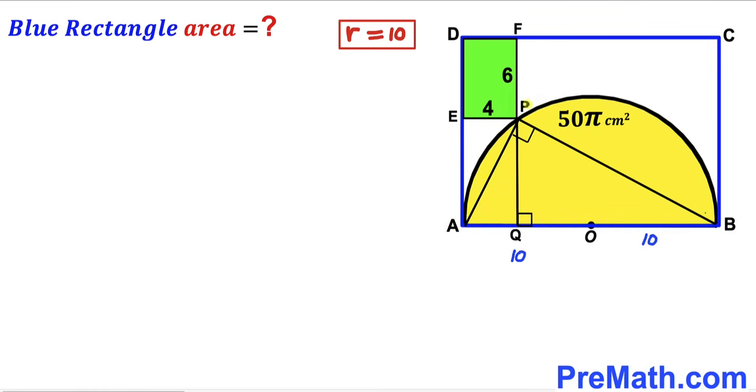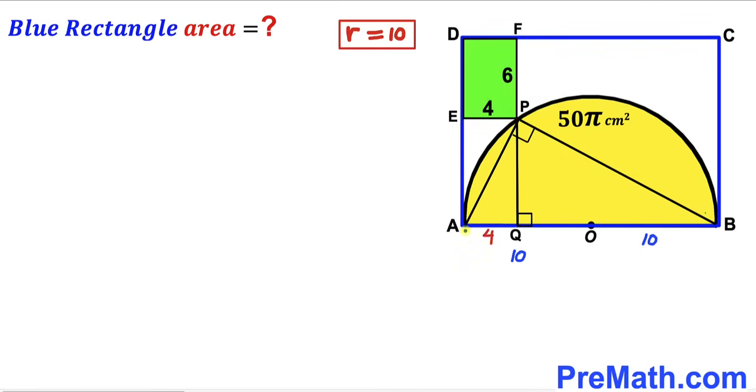In this next step, I have extended this line FP all the way to this point Q. Since we are dealing with this green rectangle, this angle is going to be 90 degrees, so this angle has got to be 90 degrees as well. Now let's make an observation. We can see that this segment EP is 4, so this segment AQ is going to be 4 as well.